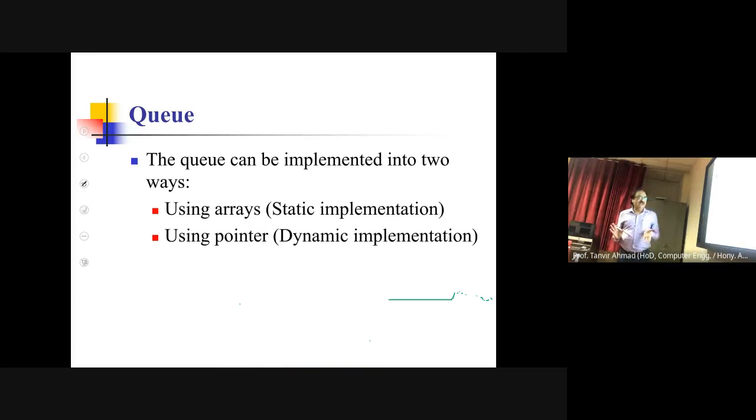Now you can implement a queue as a static allocation or as a dynamic implementation. If you are using a static allocation, I will write integer queue of, say, 10.